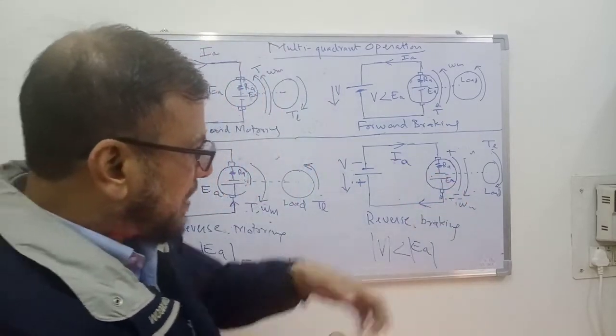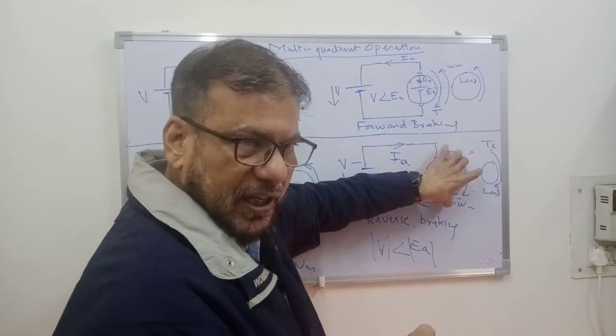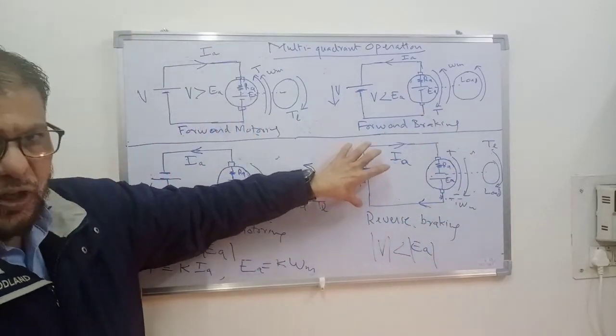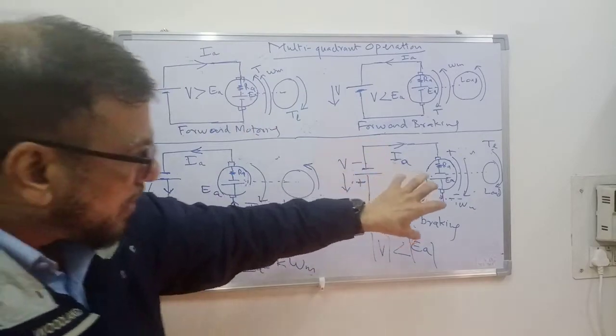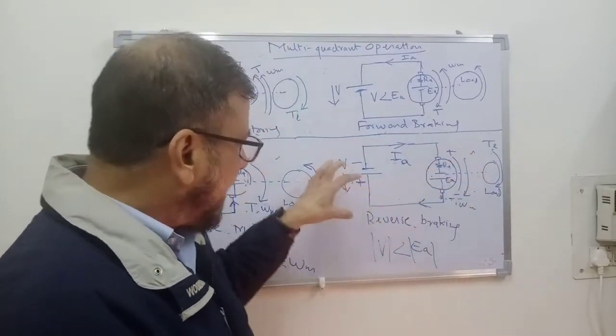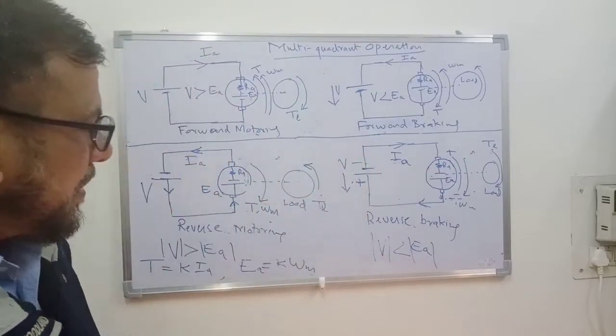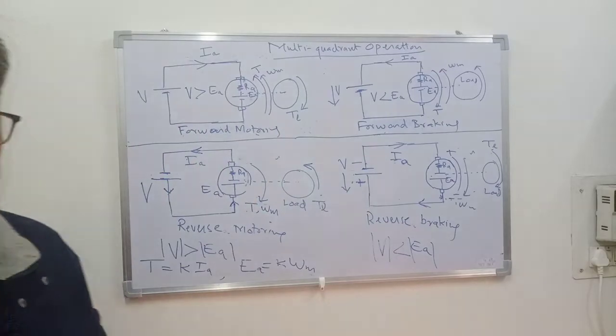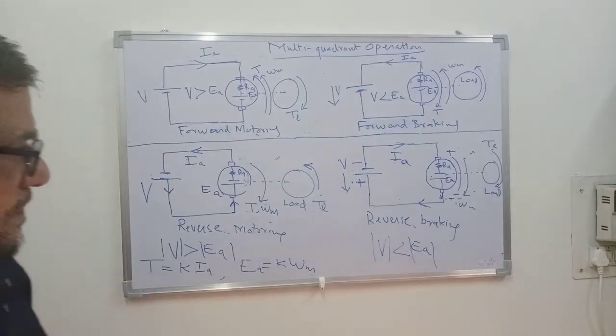So this is converting mechanical energy into electrical energy, and this source now becomes a sink. It absorbs the energy released by the mechanical system of the motor. So this is a braking mode, reverse braking mode or reverse generating mode.